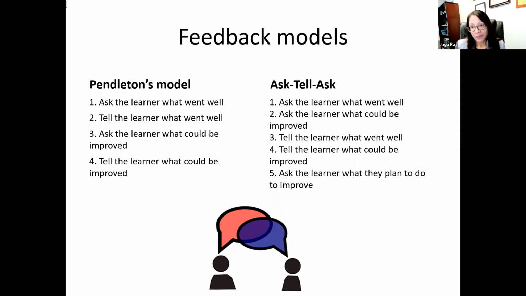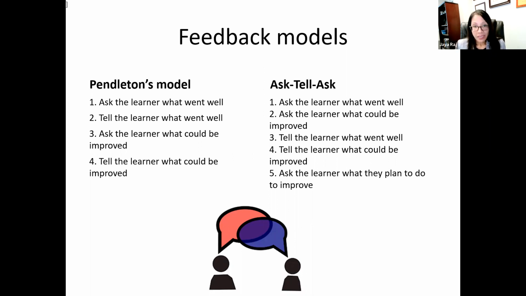So that's the Pendleton model. An alternative to the Pendleton model, which I actually prefer and typically use when I give feedback, is the ask, tell, ask model.